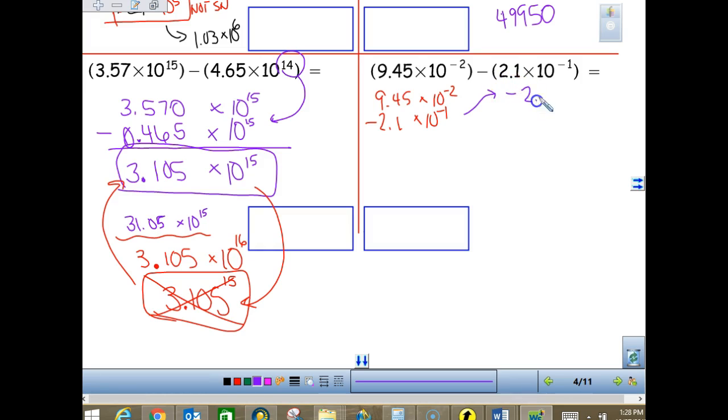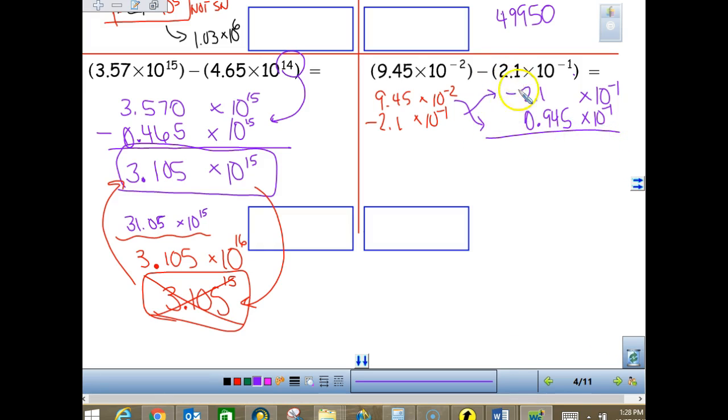I'm going to put negative 2.1 times, and I'm going to leave some space. The reason I'm leaving space is because I have some different decimals, times 10 to the negative 1. And this problem, if we're going to have it times 10 to the negative 1, it would be 0.945. Do you agree? Okay.